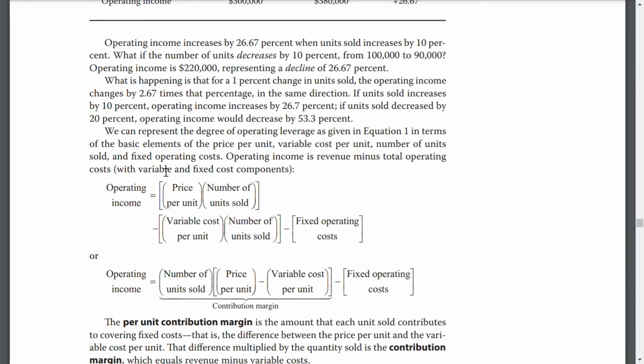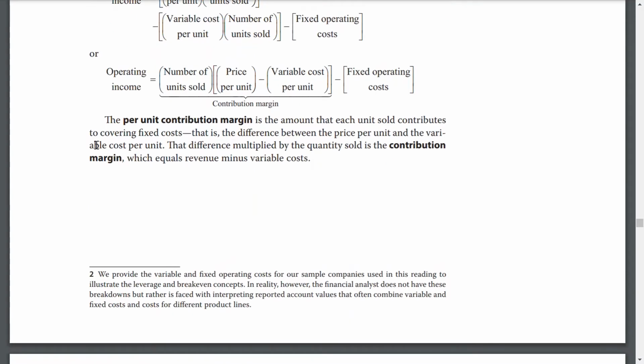We can restate the degree of operating leverage, as given in equation 1, in terms of the basic elements of price per unit, variable cost per unit, number of units sold, and fixed operating costs. Operating income is revenue minus total operating costs, illustrated as such. The per unit contribution margin is the amount each unit sold contributes to covering fixed costs.